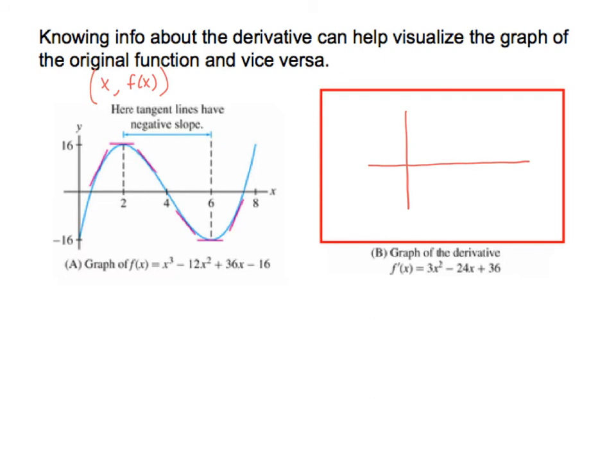So we want to be able to analyze different components. We have on the original graph in blue, we have these pink tangent lines showing the slope. The other thing that they are showing, tangent lines showing slope, are showing the derivative, right?